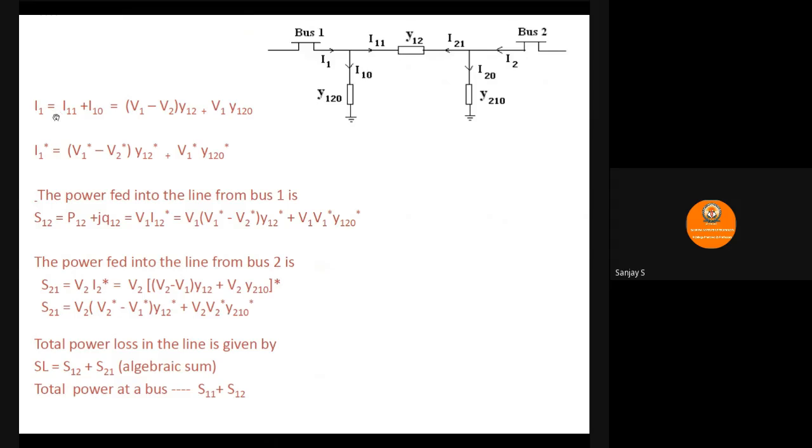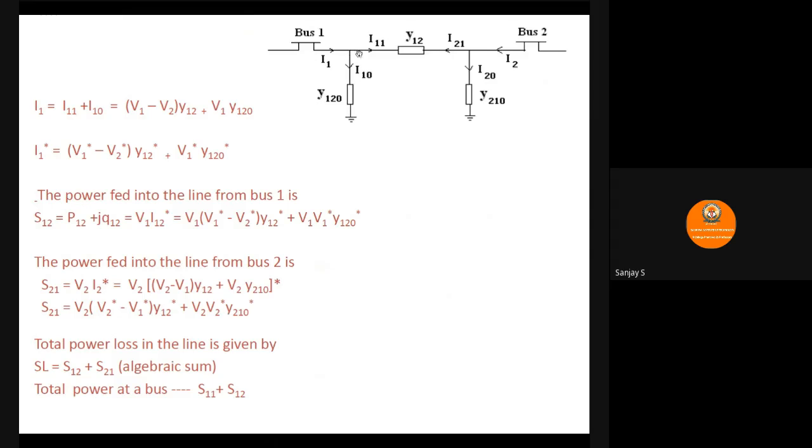So here we have the first equation for current I1. If I have to write the expression for current I1, I have to use KCL. So I1 will be equal to I11 plus I10. As you can see in the network, at this particular junction, we are applying KCL.